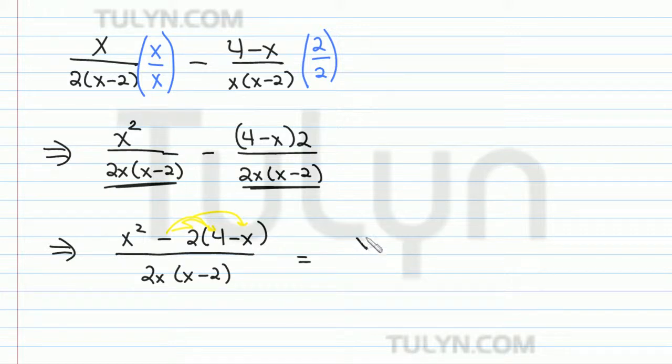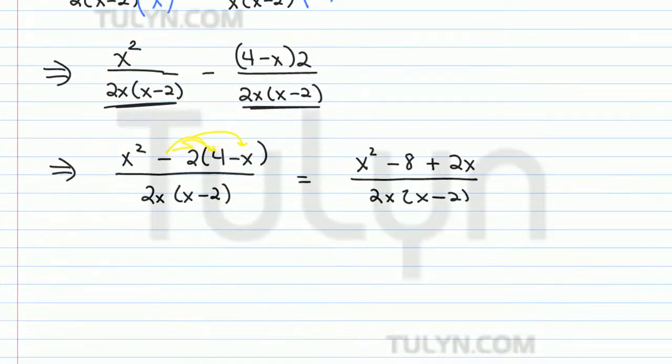So the numerator becomes x squared minus 8 plus 2x over 2x(x minus 2). And rewriting it in the standard quadratic form, it's x squared plus 2x minus 8 over 2x(x minus 2).